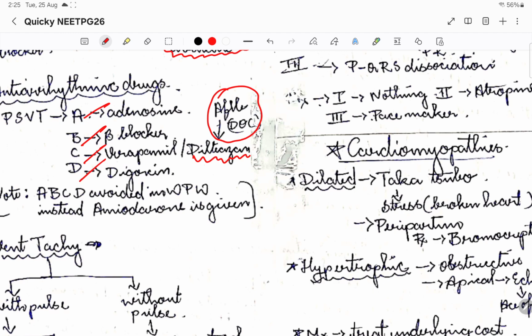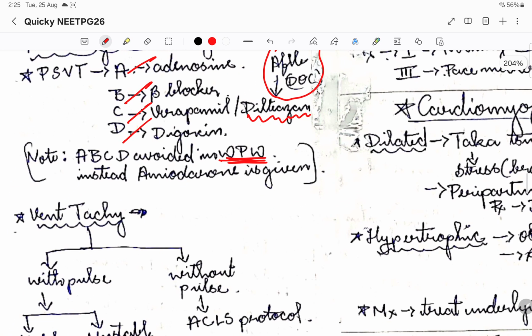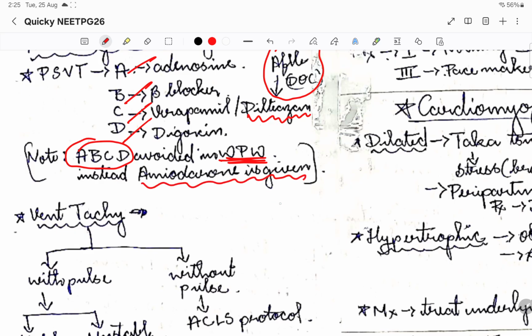Please remember, in WPW syndrome, with the bundle of Kent, we will avoid all these ABCD drugs. Instead, we'll go for amiodarone. Why? Because there is an extra nodal circuit, the bundle of Kent, and if I use these ABCD drugs, they suddenly stop the normal circuit, and the bundle of Kent will start increasing its action again.